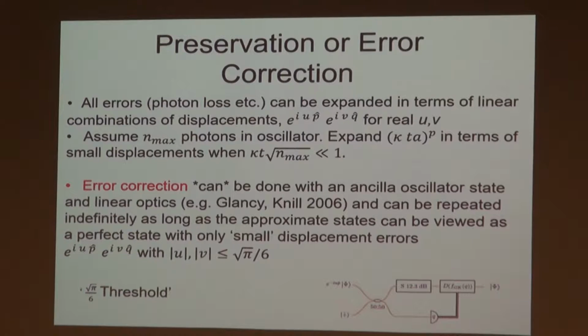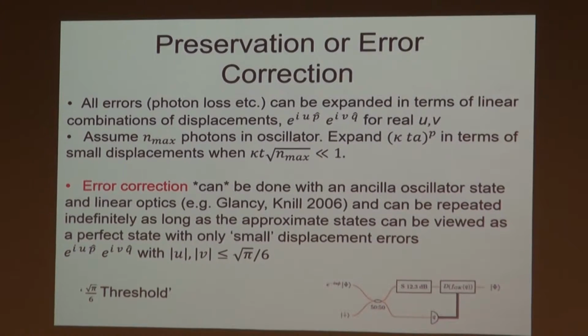For example, I may have a small over-rotation on my state, and I don't quite know what theta is. Well, it's clear that if I have a coherent state, which is sort of out here, and I have some small rotation, now it goes to there, say theta is small.